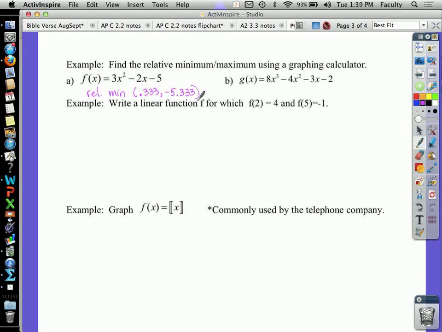Remember again, round 3 decimals. So on part A, I have a relative minimum at 0.333, comma, negative 5.333.